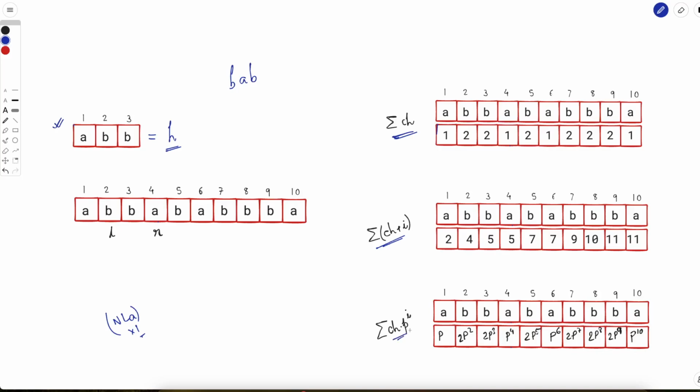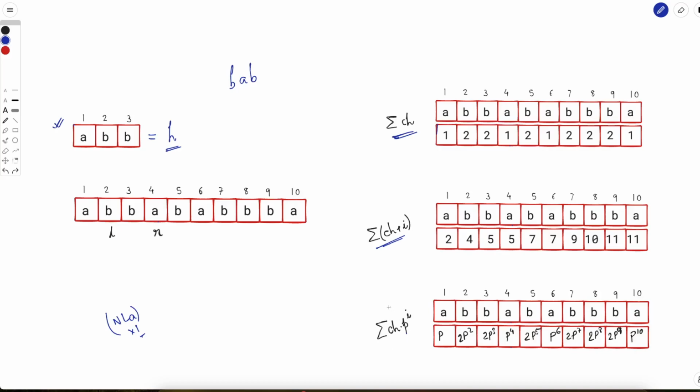So we have now chosen a prime p, we have raised the index to that power and then multiplied by the current character. Now here if I told you, okay, a is present at first index, so the value of this would be a into p. Now give me the counter case, you will struggle. You have to do a lot of computation to actually make it collide, and that's what a good hash function should be.